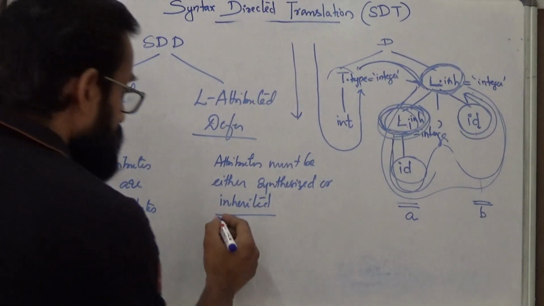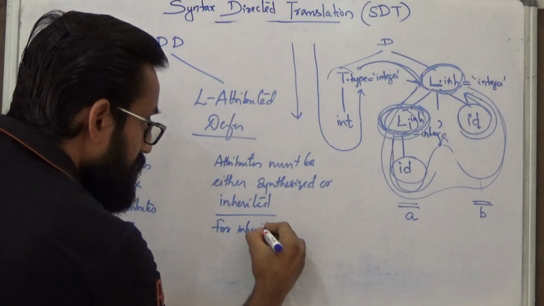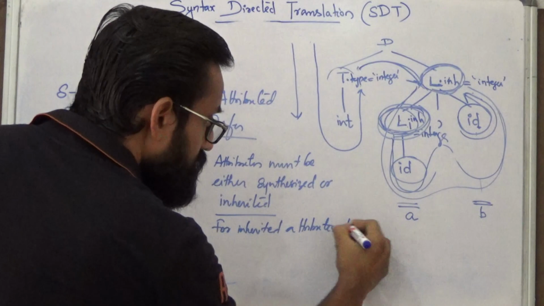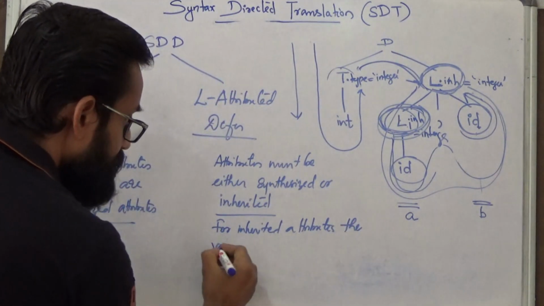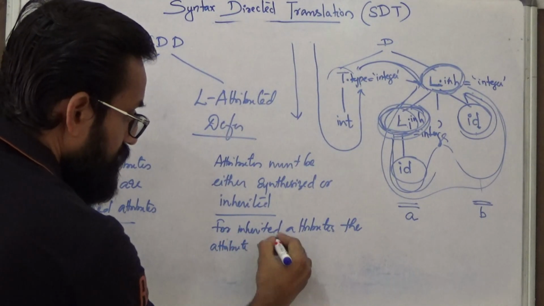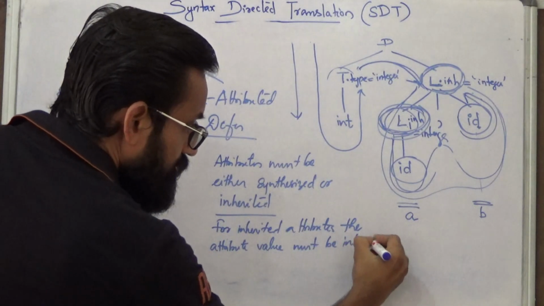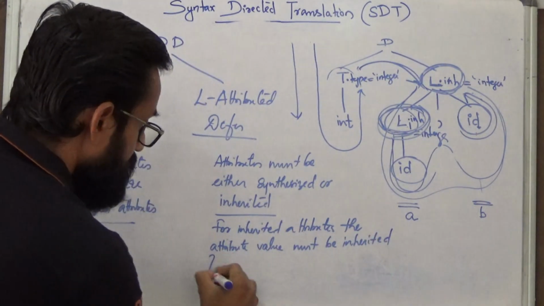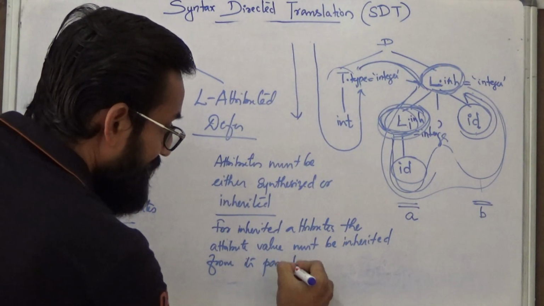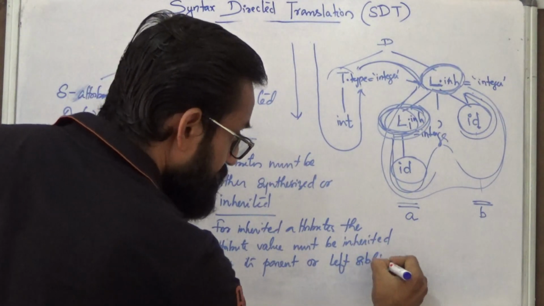But for inherited attributes, the attribute value must be inherited from its parent or left sibling.